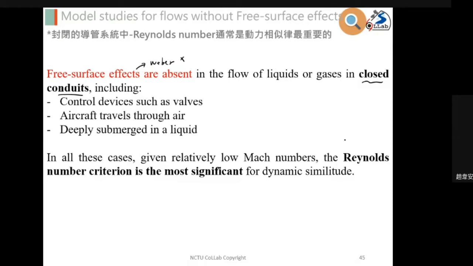So for closed conduits, usually the Reynolds number criterion is the most significant for dynamic similitude. So please keep in mind if your problem always focuses on closed conduits, then you only need to consider equal Reynolds numbers to satisfy the dynamic similitude.